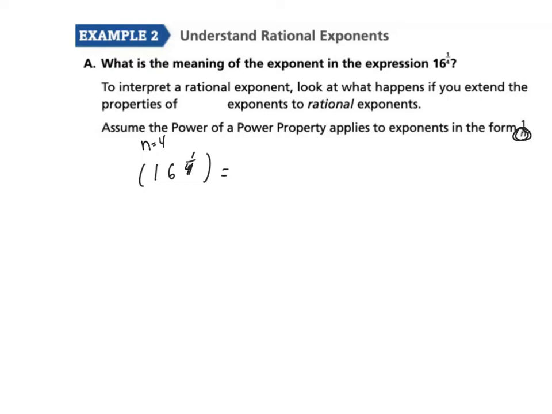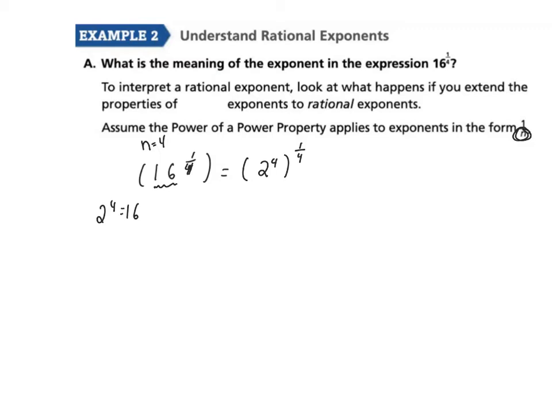So we're trying to look for what number to the fourth power gives us 16. Well, if we do 2 to the fourth power, we get 16. So we're going to rewrite this as 2 to the fourth power instead of 16. And then we're going to raise 2 to the fourth power to the 1/4.